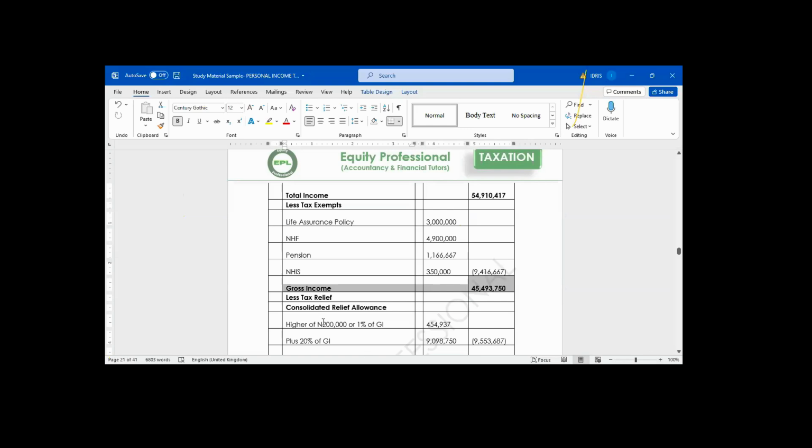How much is 1% of gross income? 454,937. Is it higher than 200,000? Yes. That is the reason why we pick 454,937. Assuming this amount is less than 200,000, what are we going to put here? 200,000.